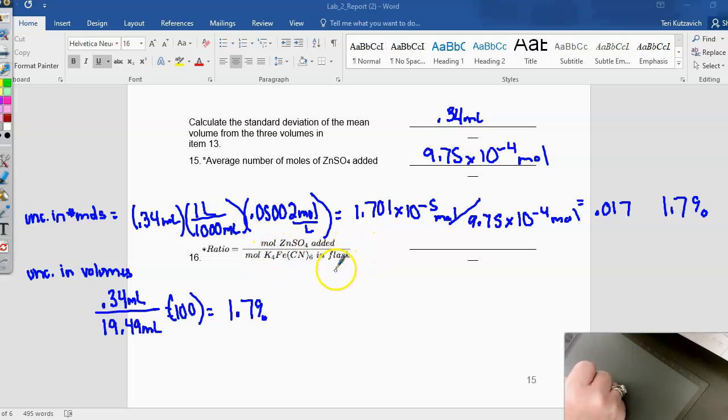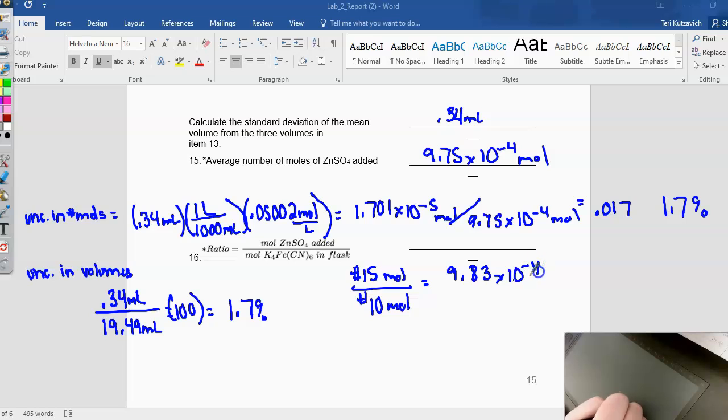For this ratio right here, you want to take your moles of zinc sulfate, which is your number 15, and you want to divide it by your number 10 moles. You might get crazy numbers, like, I don't know, you might get 9.83 times 10 to the negative 4th, and you might get 6.28 times 10 to the negative 4th.